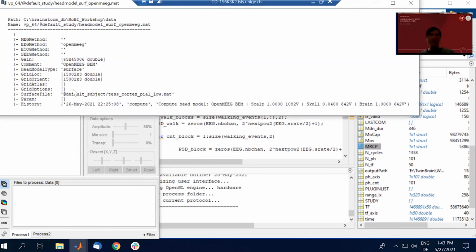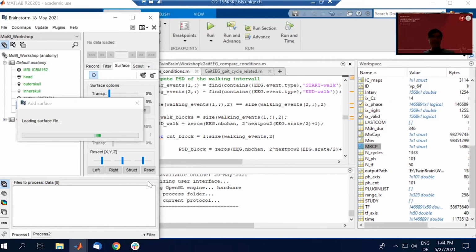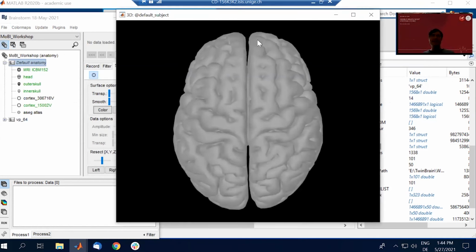And what we show here is we have a gain of 65, that is the number of channels, times 45,000. That is just 15,000 vertices times 3, because we have 3 dipoles. And if you even look at the cortex before, this is explaining this 50,000.